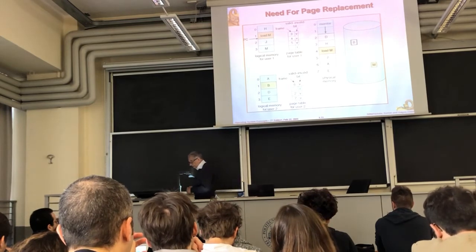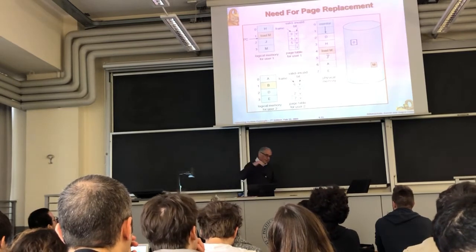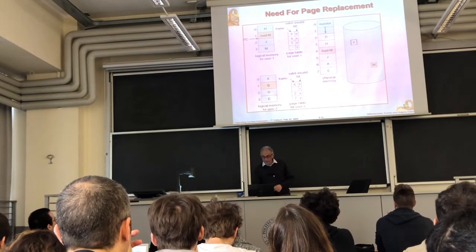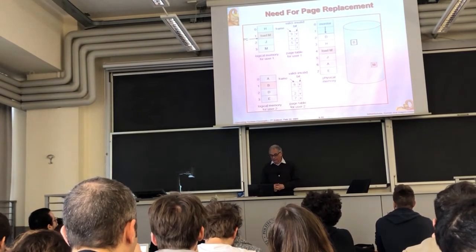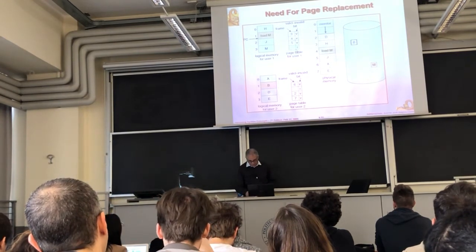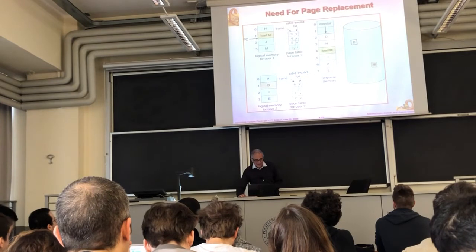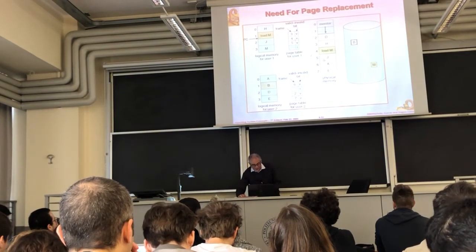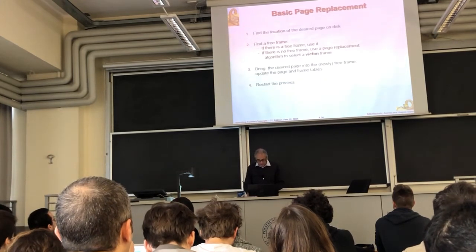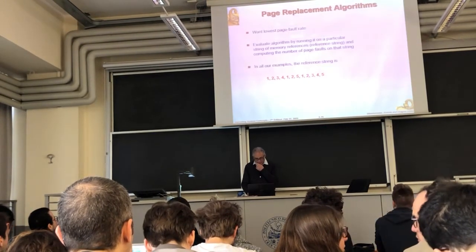Process 1 will be restarted from the same instruction when the kernel brings page M into memory, in one of these frames, and thus updates the page table. Update means that this invalid becomes valid, and here there will be, say, 2, 3, 5, 6, 7, whatever. Okay, this is the replacement.